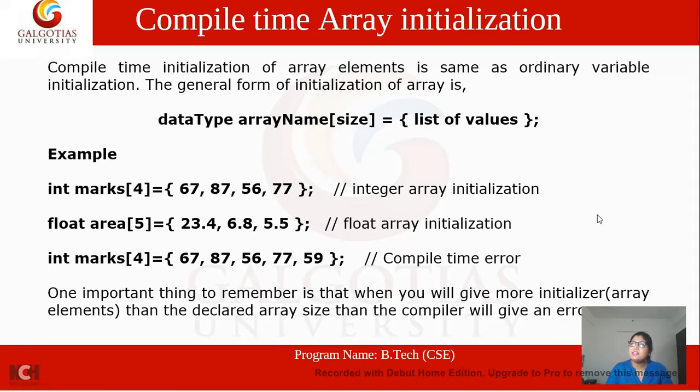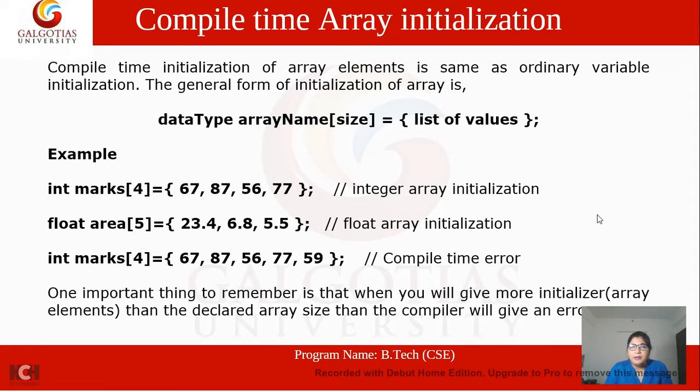We have only reserved space for 4 elements. Now 5 elements came into the picture and the array cannot hold that. So please avoid this. We can have exactly the same number of elements as defined in the size.